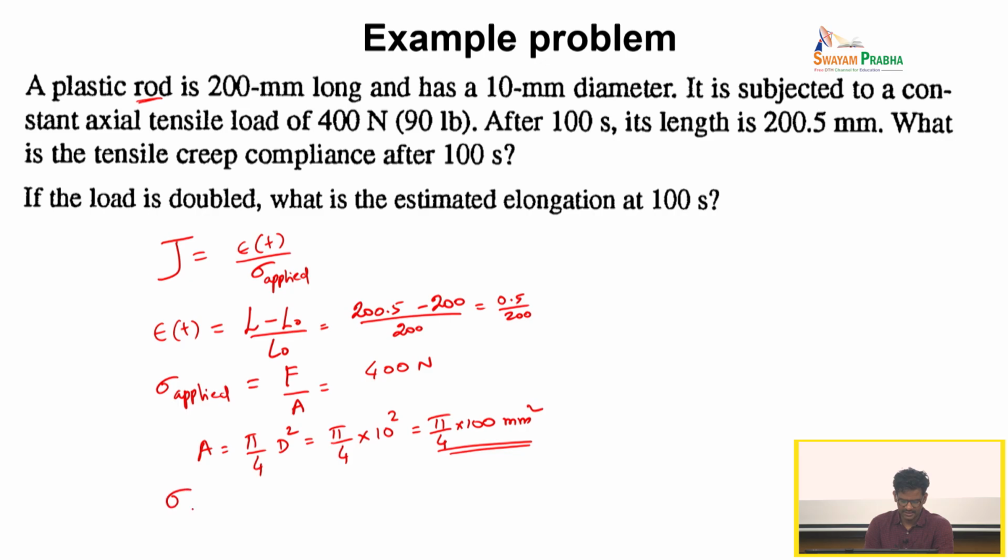So then sigma applied would be 400 over pi by 4 into 100, something like this. So 16 by pi. Now we can substitute that here: epsilon is 0.5 over 200 and this is 16 by pi.